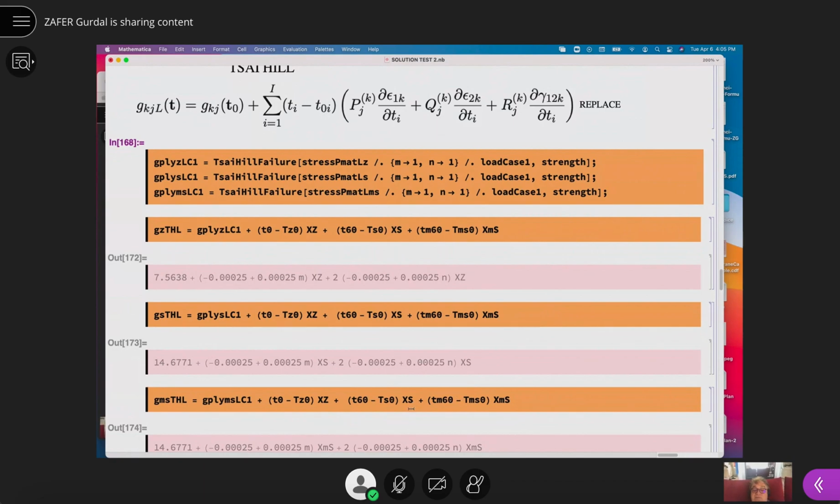So this is the derivative with respect to that particular, this and this has to match.